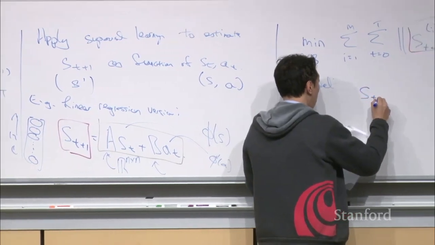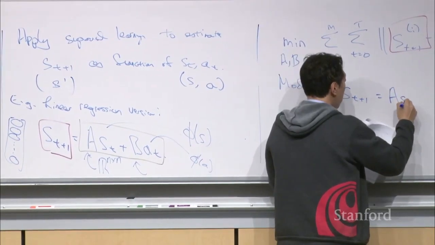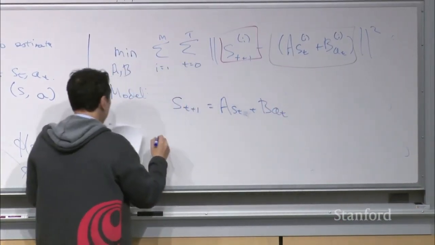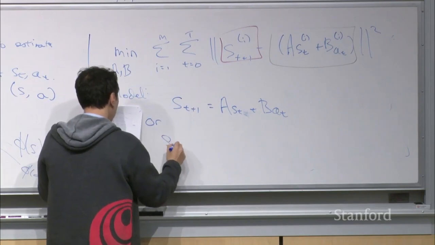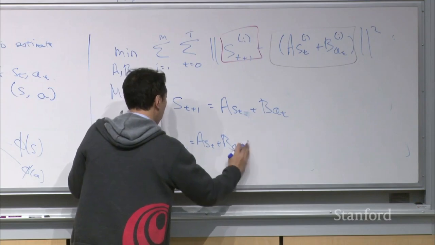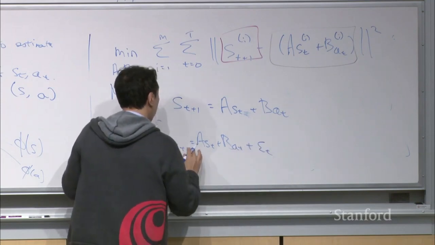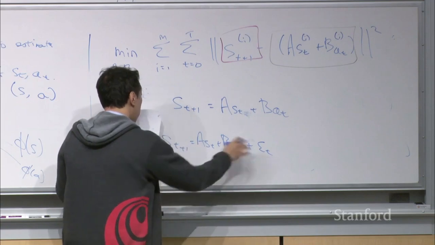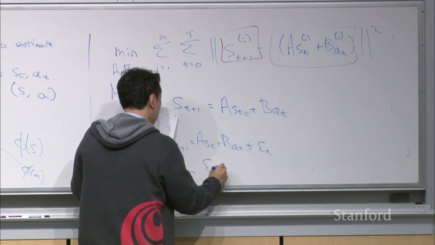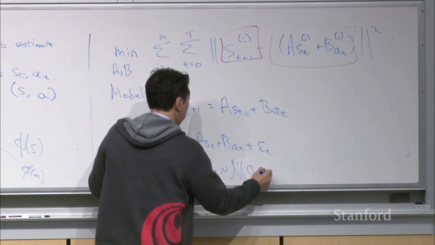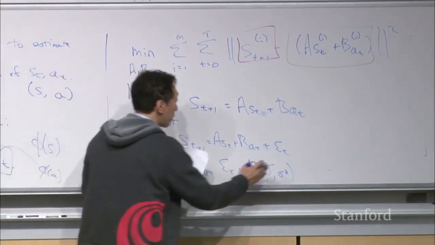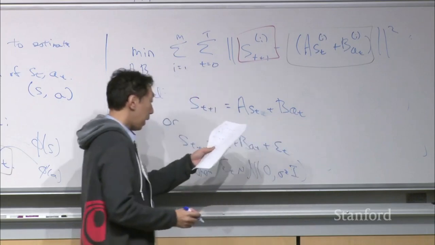One model would be to just say, my model will set s_{t+1} equals A s_t plus B a_t. Another version would be to set s_{t+1} equals A s_t plus B a_t plus epsilon_t, where epsilon_t is distributed maybe from a Gaussian density.